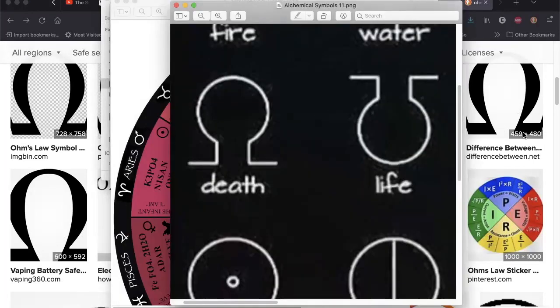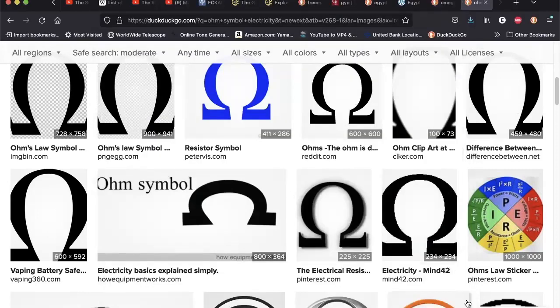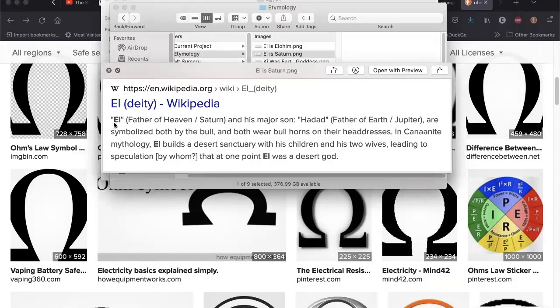See the resemblance? So since Saturn is El, and I know I'm getting off of the Egypt thing, but if Saturn is El, the father of electricity, El, father of heaven, Saturn, and his major son, Hadad, father of earth, which is Jupiter, are symbolized by the bull, and they wear bull horns on their headdresses.